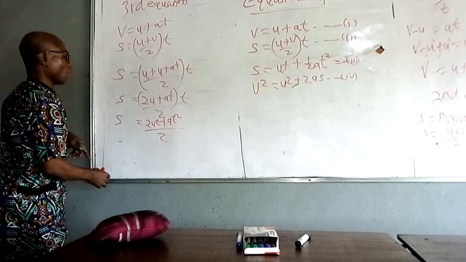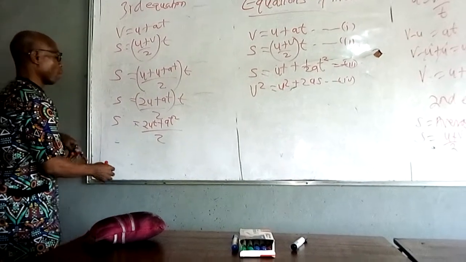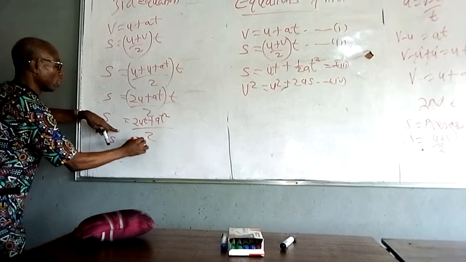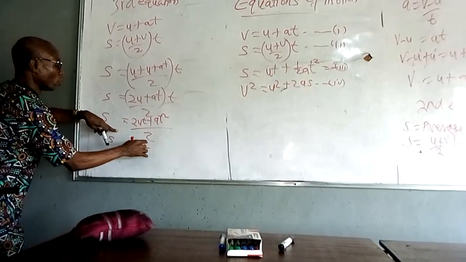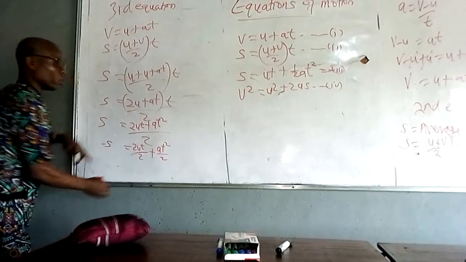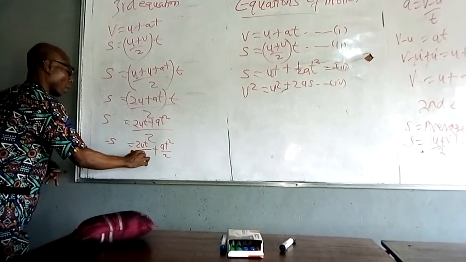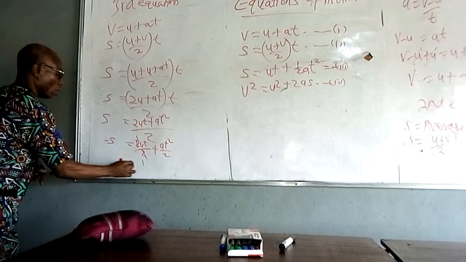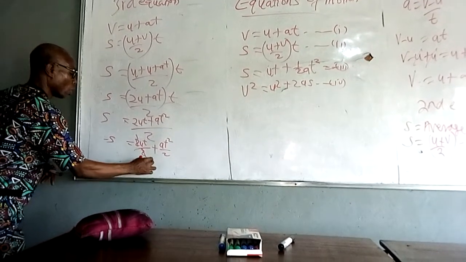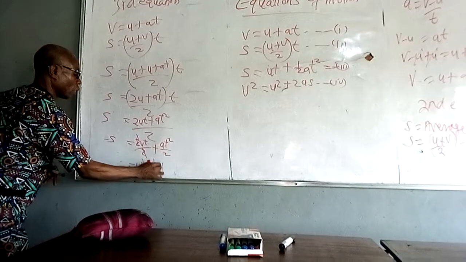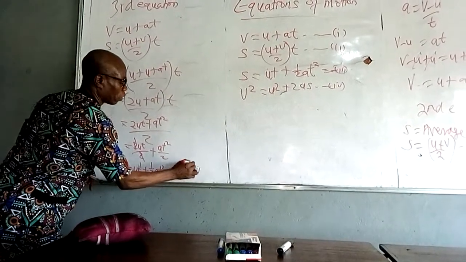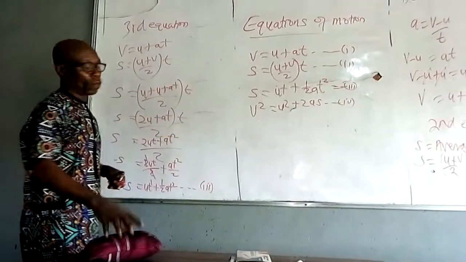Now, it's the same thing as 2ut all over 2 plus at squared all over 2. These two 2s will cancel out, leaving ut plus half of at squared, and that is the third equation of motion.